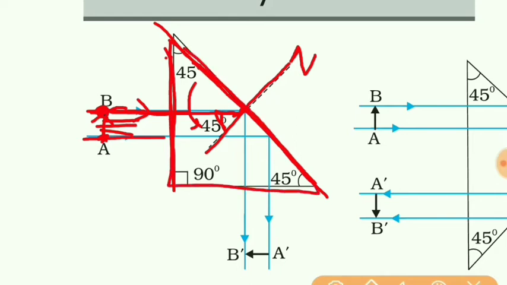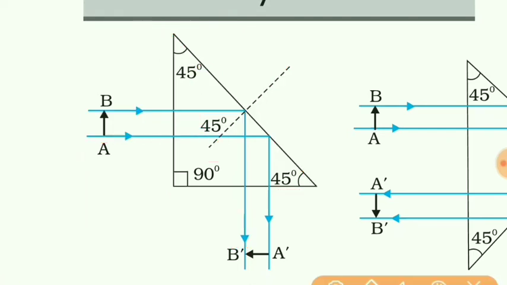So this ray will not move in the second medium, that is, it will not emerge out, it will simply be reflected back in this direction, making an angle of 90 with the incident ray. You can see this ray strikes here and it is moving in this direction.